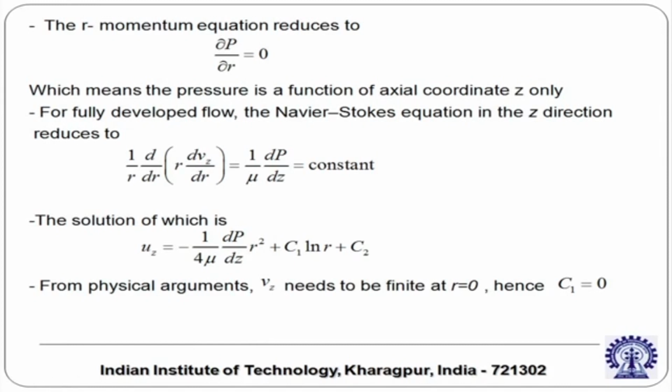Because Vz is a function of r, this is a function of r only, P is a function of z, so this is a function of z only. So, a function of r is equal to a function of z, that may be possible only if each is a constant. So, we take it up from here and go to the board to address this problem.